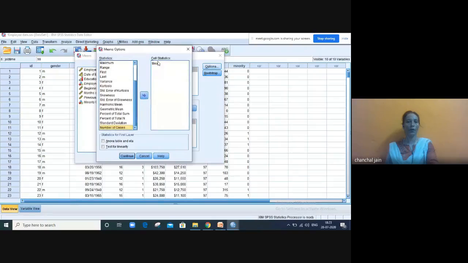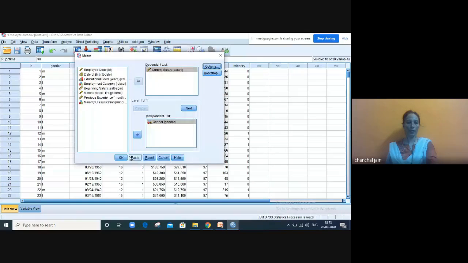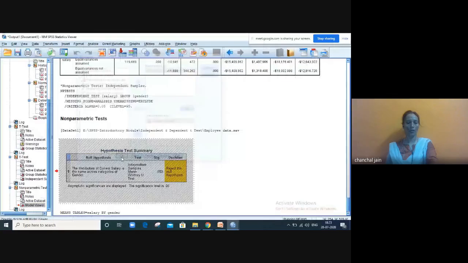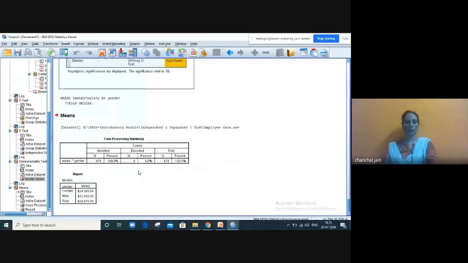We only want to calculate the median. So I have shifted all the default items back to the statistics box. Now click on median, shift it to the statistics box, click continue and then OK. You will be able to see the median salary for the female group and the median salary for the male group.